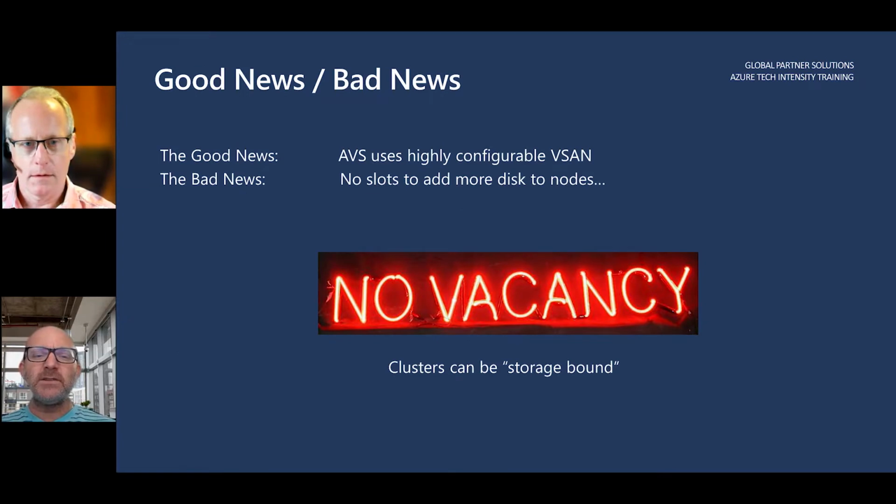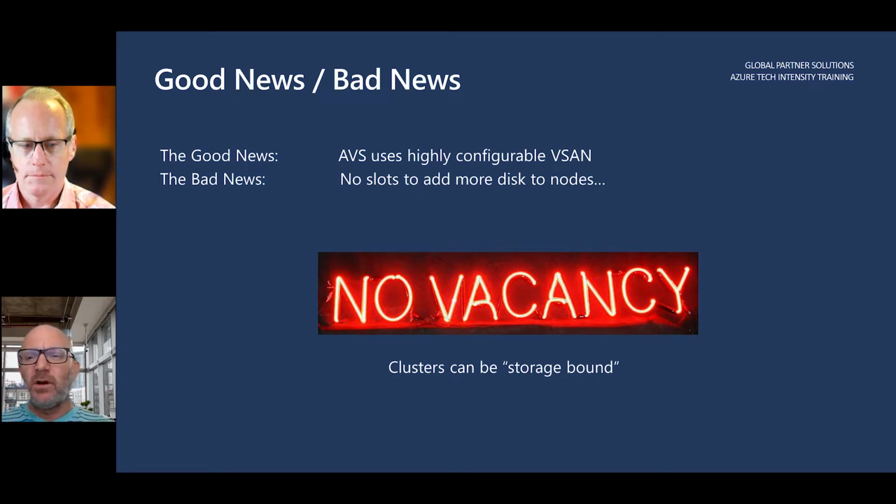So what that leads to is that AVS is highly performant, but also highly configurable because it owns the storage, right? vSAN. The bad news is that each host that you get has a very finite amount of capacity.